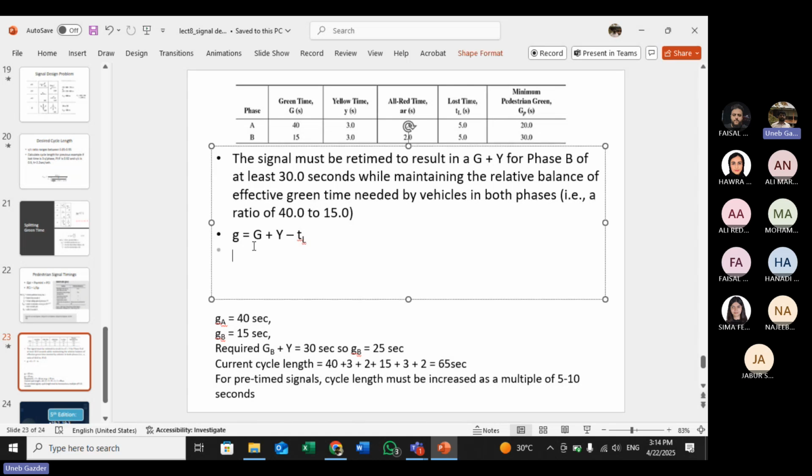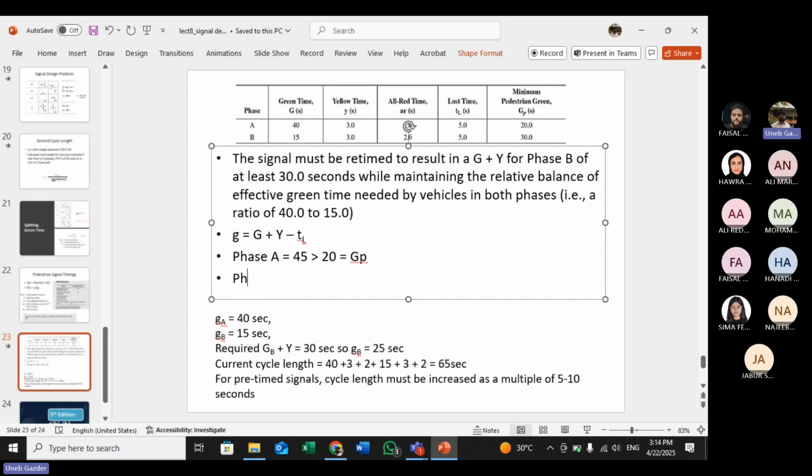So for phase A, I have 45 seconds available, and the pedestrian time is only 20 seconds. My actual green time is more than GP, so there's no problem.